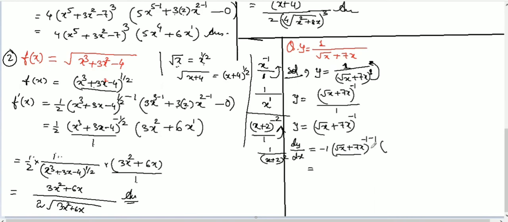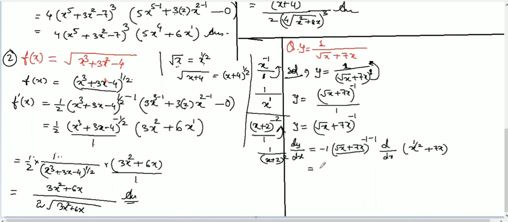What we will do here, we will write down d over dx. As we need to change the inside function because root x is there, we can't differentiate unless we change this to power form. So as root x is here, x to the power 1 over 2 is there, plus 7x. Now we will differentiate this one.